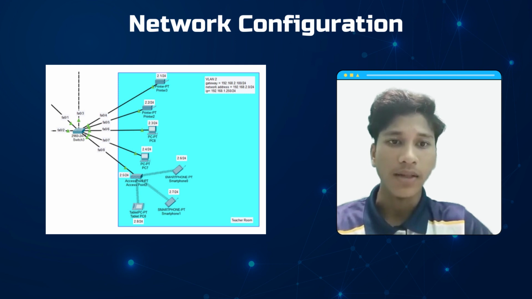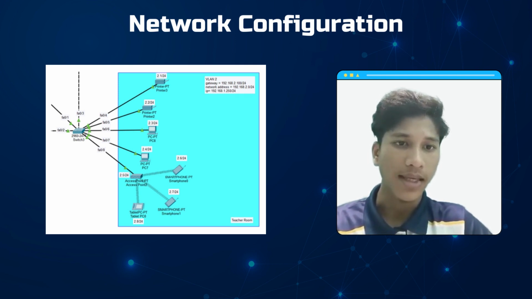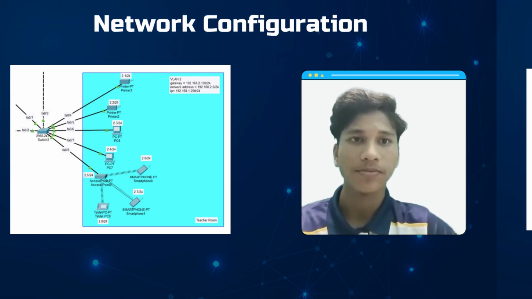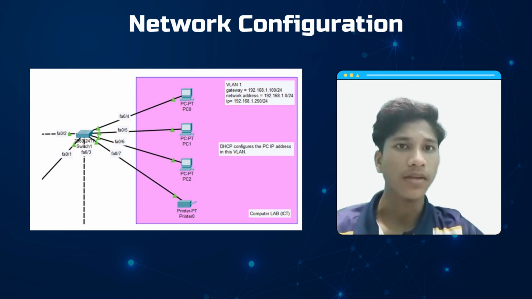The gateway for VLAN 2 was set as 192.168.2.100/24, with the network address as 192.168.2.0/24 and an IP address of 192.168.2.250/24.